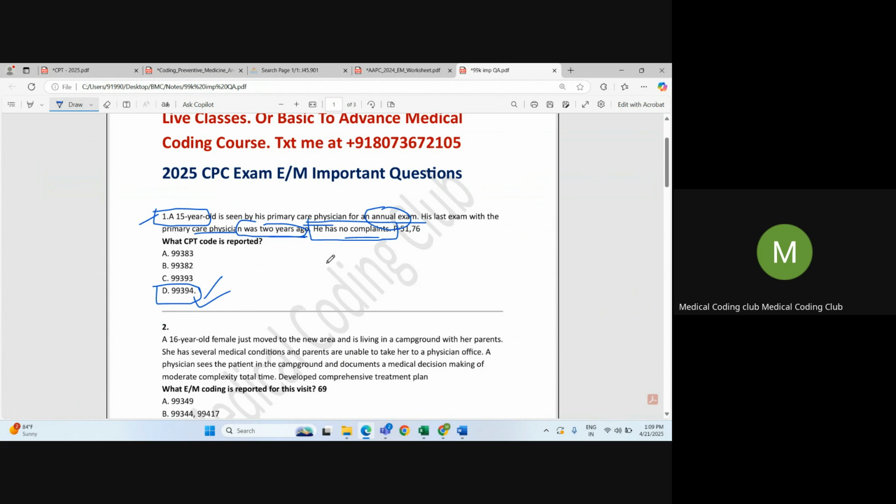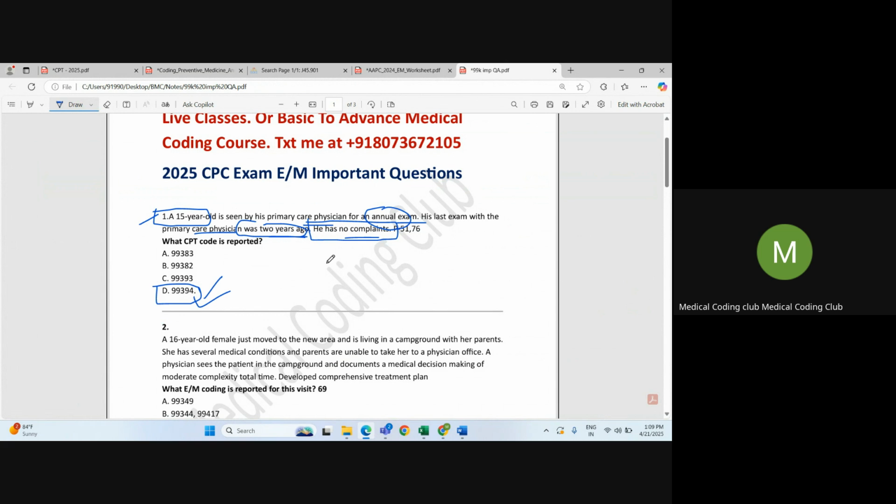So for that we need to bill separate E/M codes. Mostly, if a patient is seen in an E/M office setting and came for general wellness, the physician may also identify a skin lesion, or the patient may have abdominal pain, fever, anything which is acute, and that needs to be treated separately. So we have to code the E/M codes also.